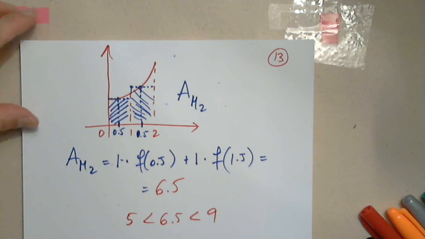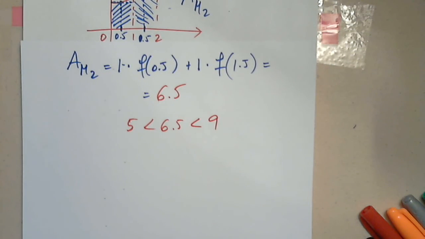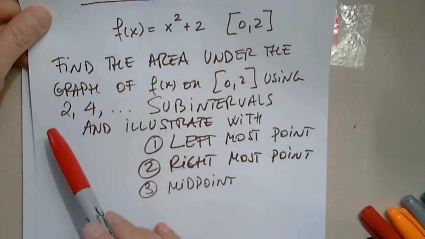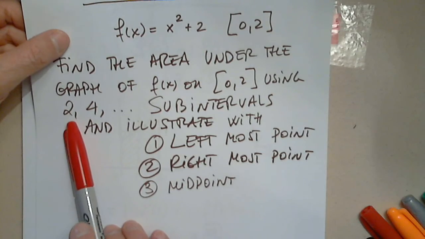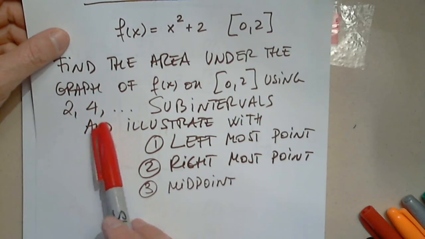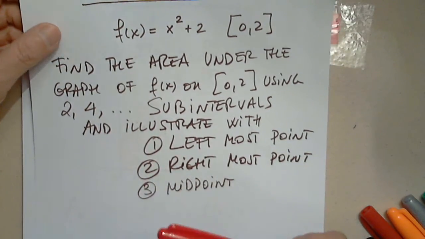Great job. Now, here's my next question for you. When we started the problem, we said 2 subintervals of equal width. Then we said 4. And then we can continue with 8, with 16, with 32.